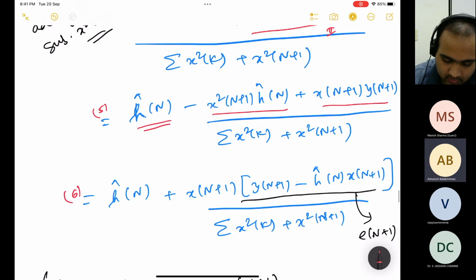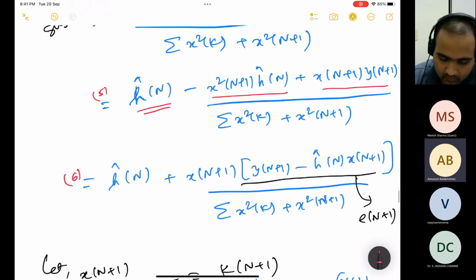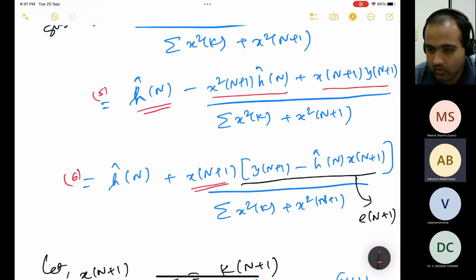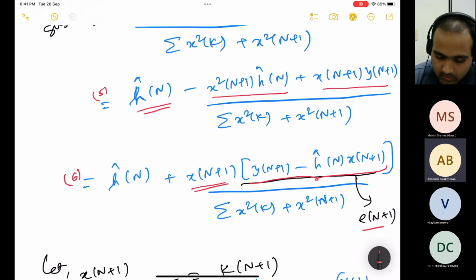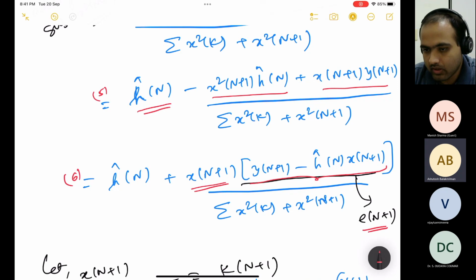If anyone has any doubt, feel free to ask questions. In step 6, in the second term, if I take out x n plus 1 as common, then we have y n plus 1 minus h hat n times x n plus 1. This term is my error term, represented as e n plus 1, and I'm not changing my denominator yet.